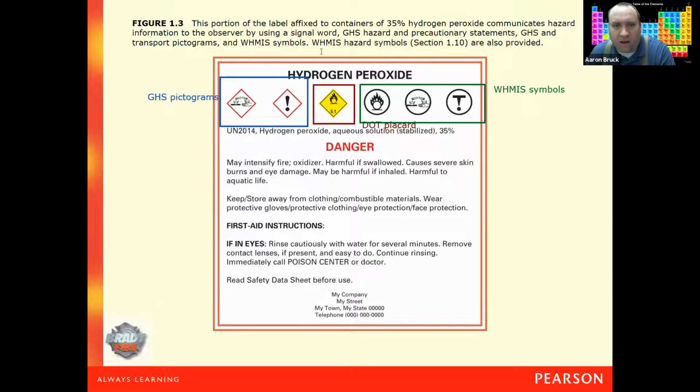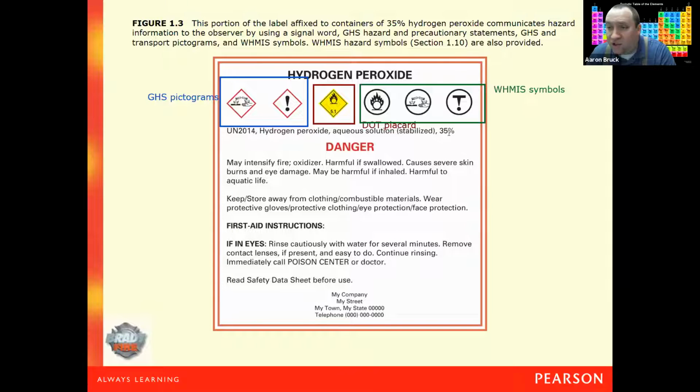So on the label itself, we have the compound's name, hydrogen peroxide. We have some general hazard pictograms to tell us what kinds of things are capable of being seen with the use of this substance. We are told a common name for it and its concentration, in this case 35%.